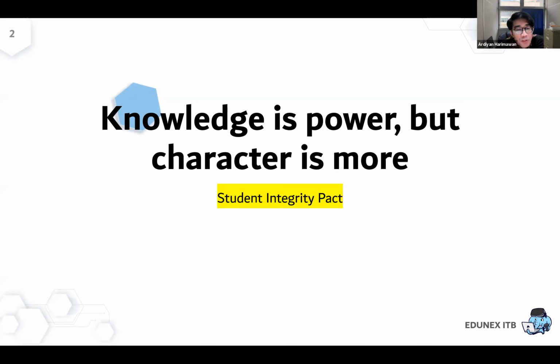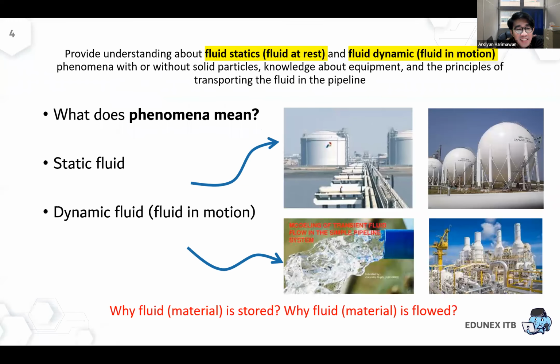Some will be connected, some mostly are not connected. But later, when you are doing your final project, especially plant design, then you will need to remember again the concepts that you get in these lectures.